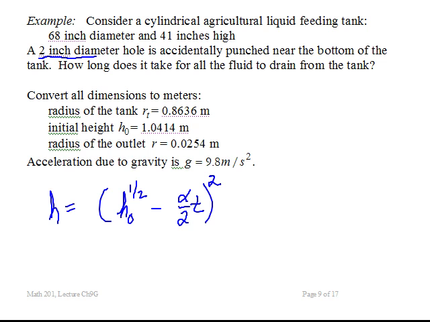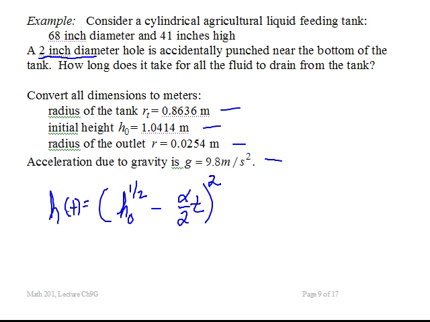So this is the height of the fluid as it changes with time. These units were in inches, and you have to convert them to something. I convert everything to meters. Here's the radius of the tank, here's the initial height, and here's the radius of the outlet pipe. Well, it's not a pipe, it's a hole. Okay, we're on Earth, so here's the acceleration due to gravity in MKS units.